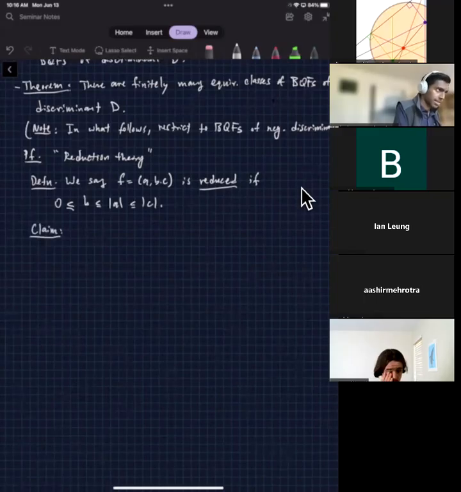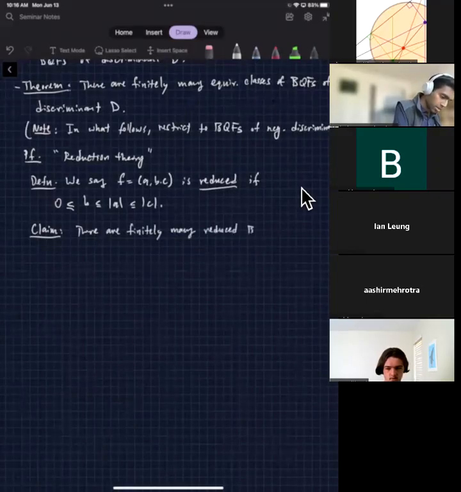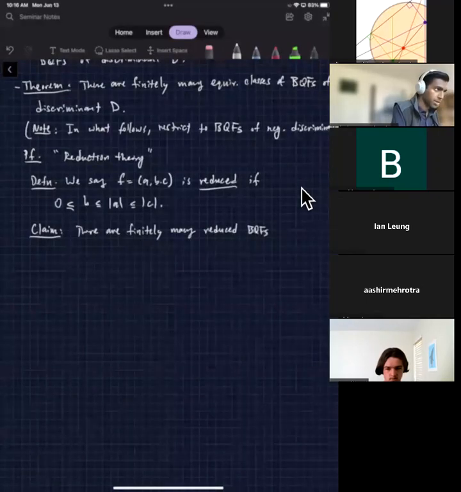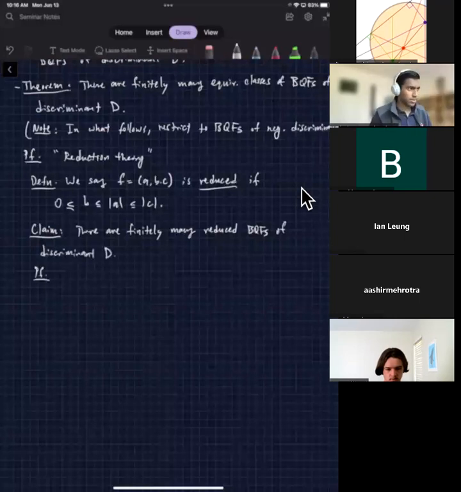The claim is that there are finitely many reduced BQFs of discriminant D. Let's first prove that.